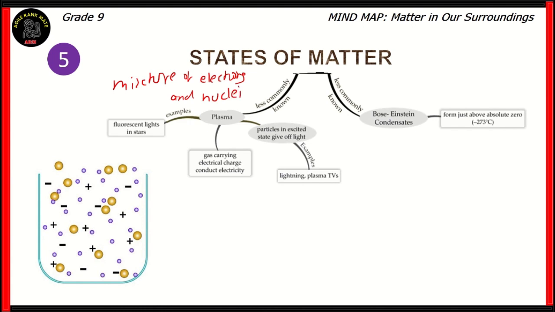And these particles of plasma would give off light. For example, lightning is made up of plasma, this overheated atmospheric gas. And plasma TVs are also made up of plasma. And another example is the light in the stars, such as the sun. The light that they give out is basically because of plasma.